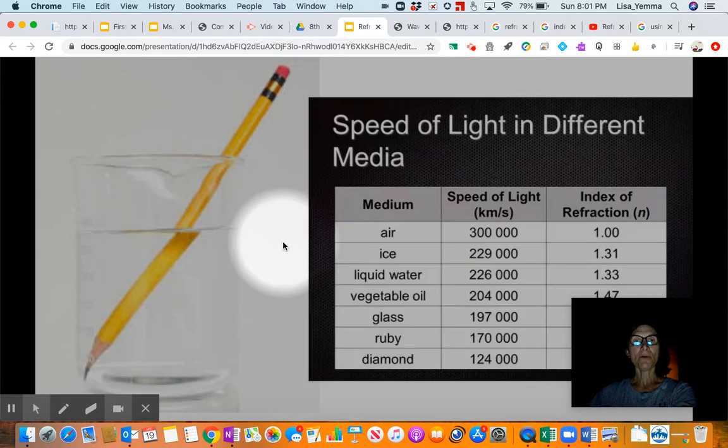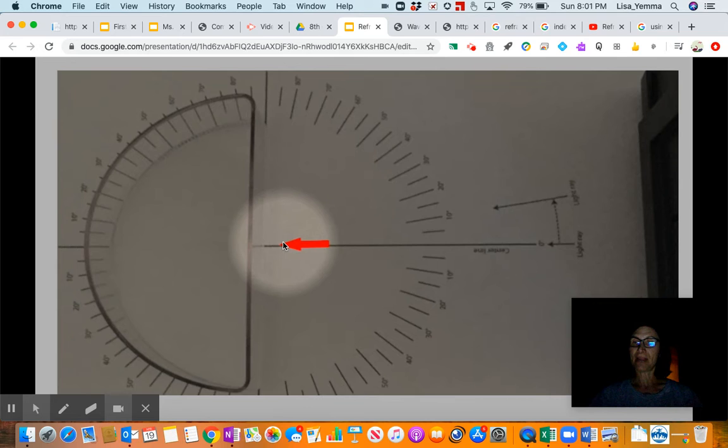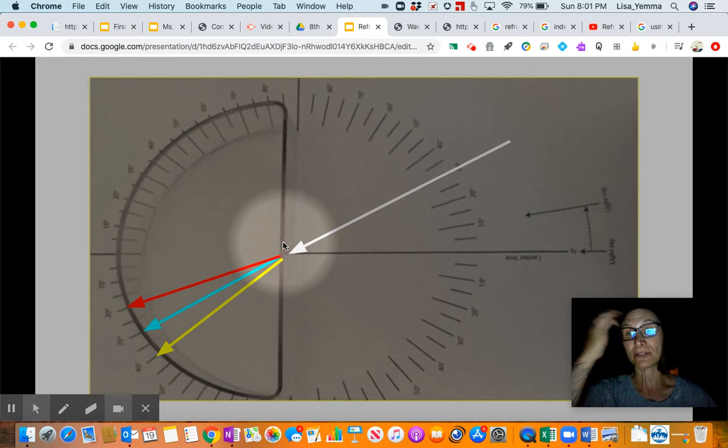So let's go back to this diagram. Now that you've read the introduction about the perpendicular, if light is traveling and hits a surface perpendicular, what will it do? If light is traveling and hits the surface at an angle, it's going to bend.